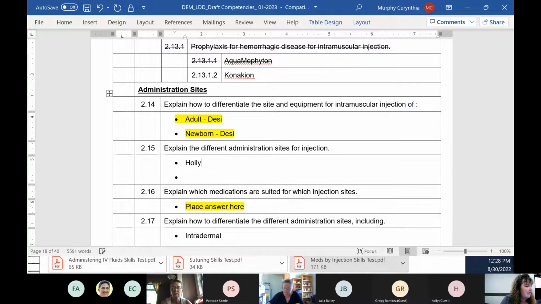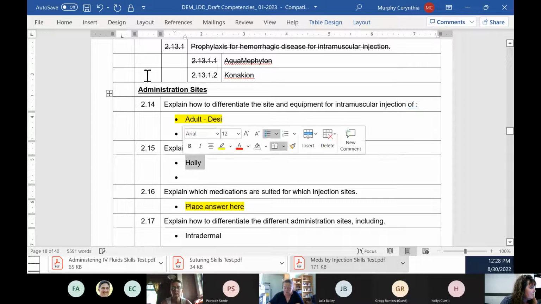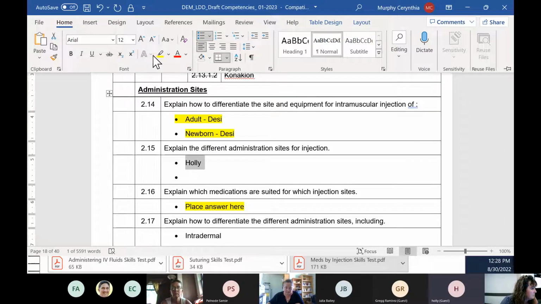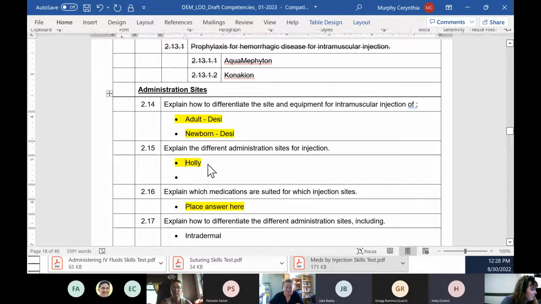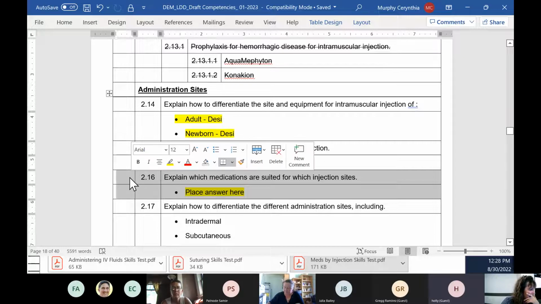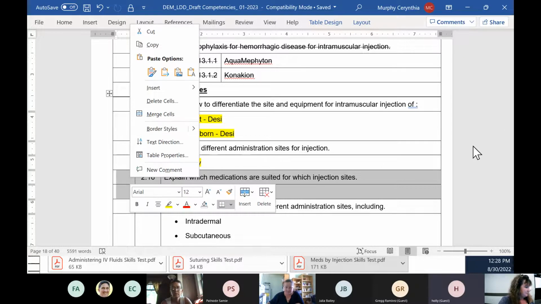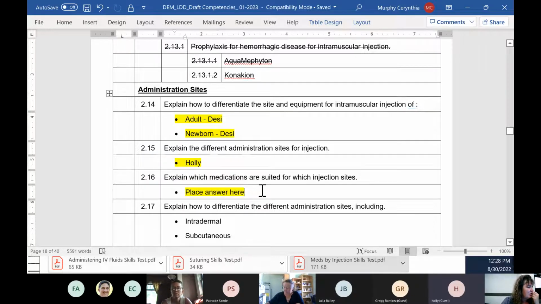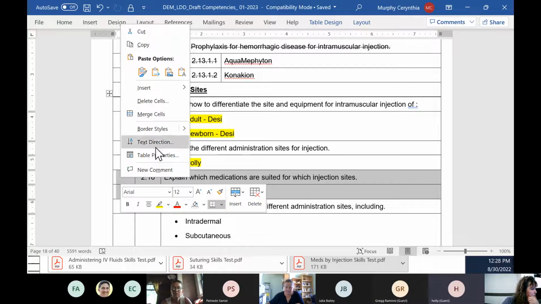Holly, I'm going to put your name here, okay? Is that a thing? The only way in which it's a thing is that certain sites can only accommodate a certain amount of milliliters of medication, but we're not working in those quantities. So I don't think that's a thing.